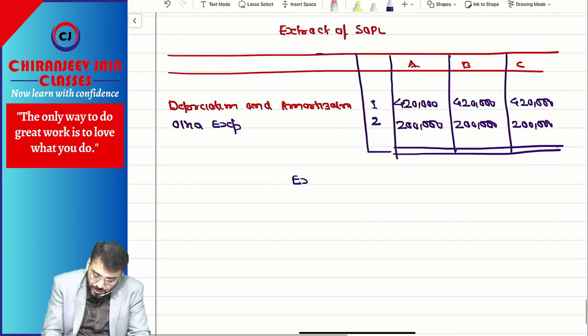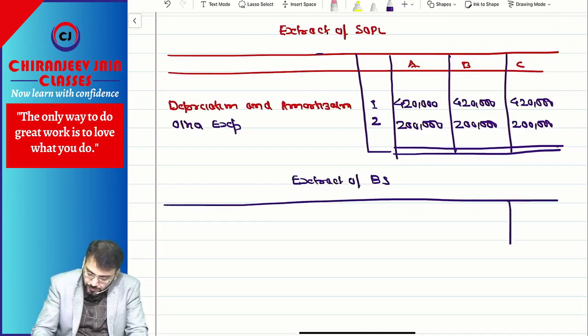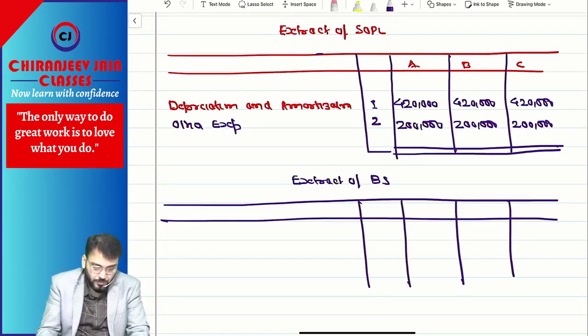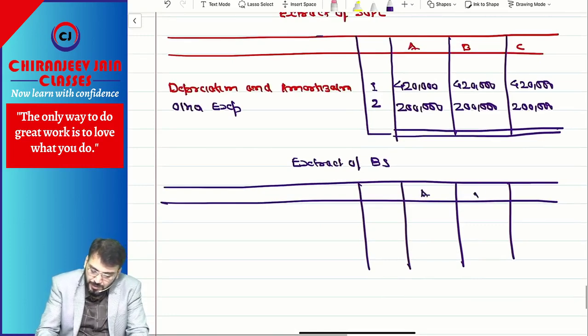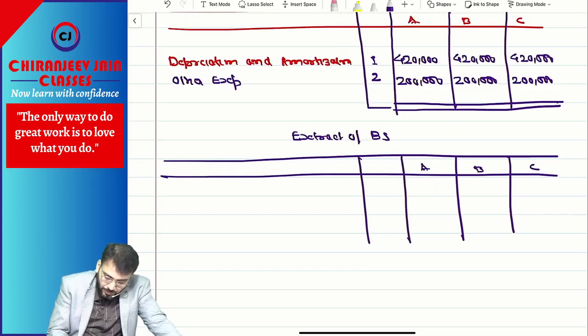Then we can prepare an extract of the balance sheet. So we know PP for A Limited, B Limited, C Limited. We write down assets, under assets, non-current assets.